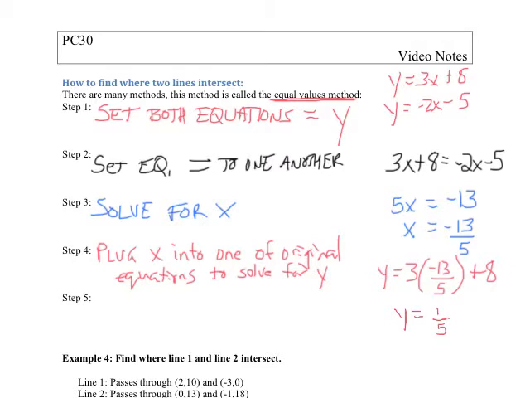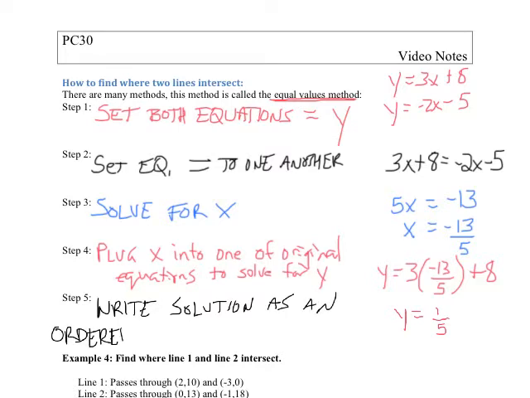And then finally, we would write the solution as an ordered pair. So our ordered pair for this problem is the x-coordinate of negative 13 over 5 and the y-coordinate of 1 over 5.